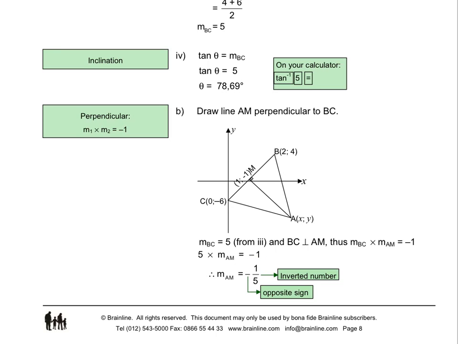Therefore, to get the gradient of AM alone, we divide by 5 on both sides, and then the gradient of AM is equal to minus 1 over 5. Remember, we use the opposite sign, and we can just flip the 5 over 1 to get the gradient of the perpendicular line, 1 over 5.